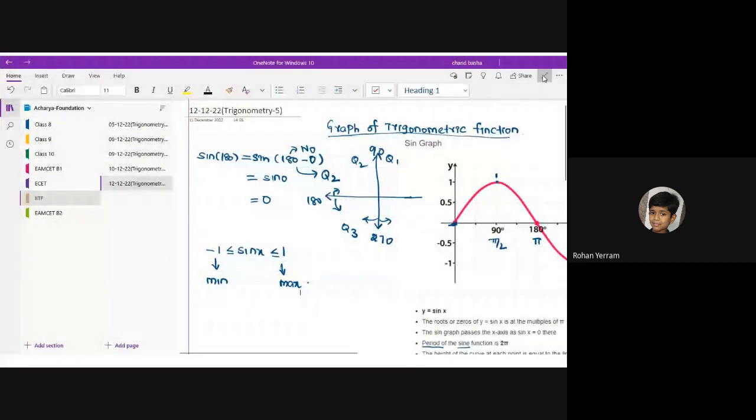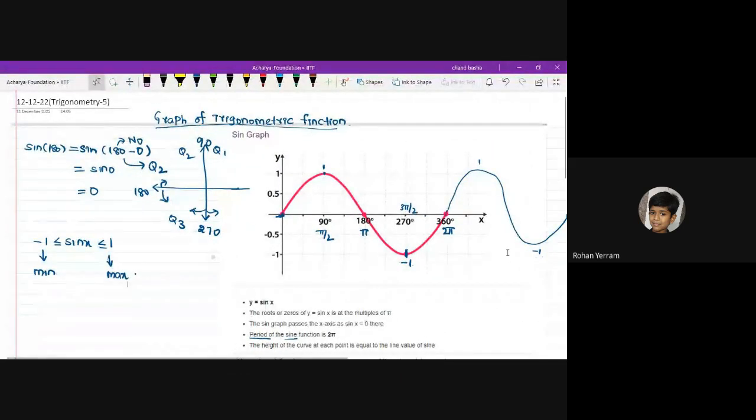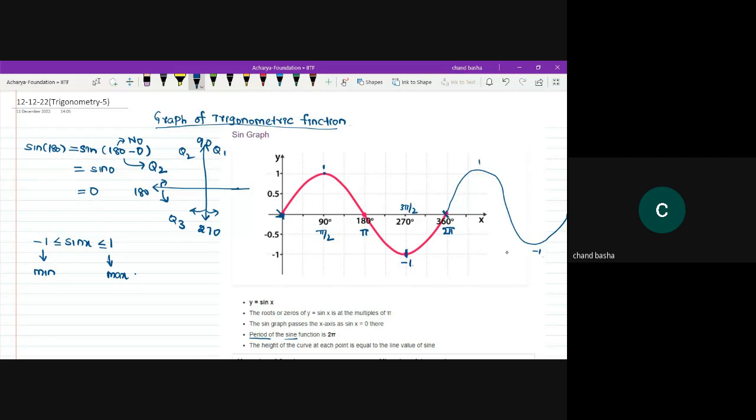period of the sine function means when it happens at 360 degrees, sir. See, from 0 your curve is increasing, afterwards it is decreasing up to 360, and after 360 again the same part is repeating, the same thing again increasing.